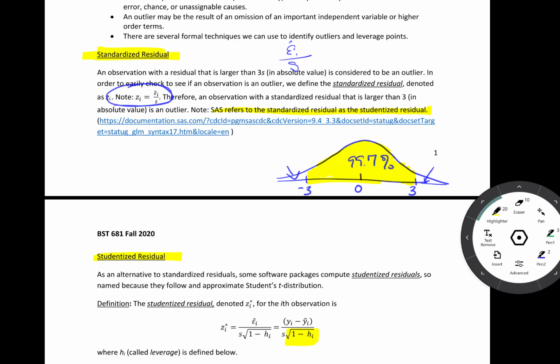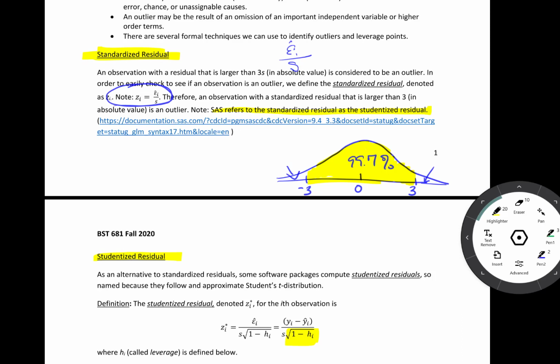So this is one reason that it's really important that whatever software you're using, it's always a good idea to double check the documentation and make sure that the thing you're calculating really is the thing that you think it is. And again, this goes back to that idea of reproducible research. So if I'm going to report that I'm calculating studentized residuals, but I'm pulling the studentized residual from SAS, that's really what's more commonly referred to as the standardized residual.